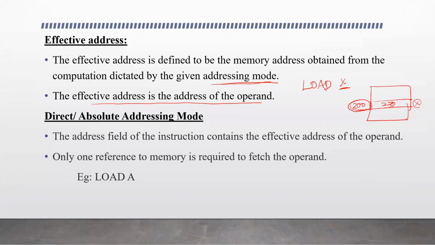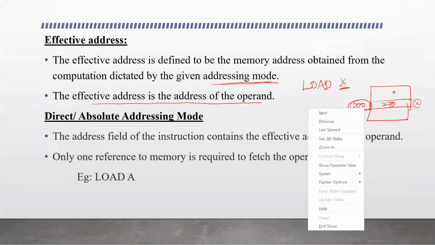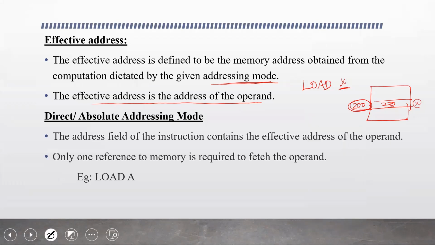So this instruction locates the data that is stored at location 200, that is 20, and moves that to the accumulator. So in this case 200 is the effective address, meaning X is the effective address. That specifies the actual address of the operand. If you move to that particular location, you will find the operand stored in memory, that is 20. So the actual address of the operand is the effective address.